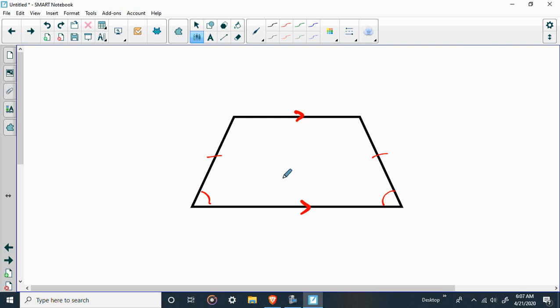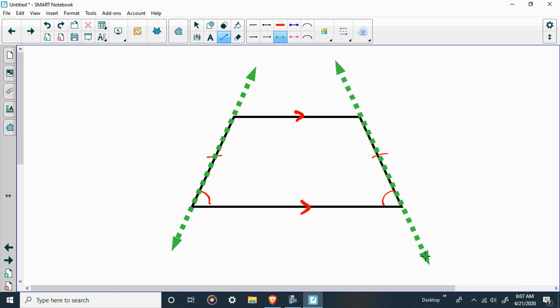But now what we do know is that we can mix and match, because of those things we said before with transversals. These are kind of two of the same thing facing in opposite directions.